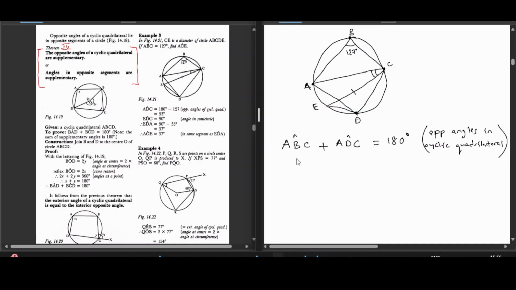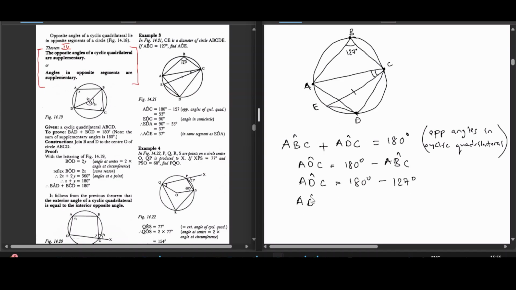So we are looking for ADC. ADC is equal to 180 degrees minus ABC, which means ADC is equal to 180 degrees minus what is ABC, 127 degrees.